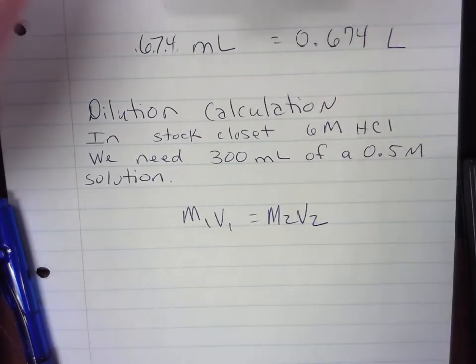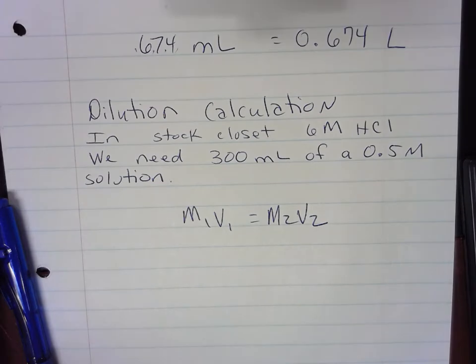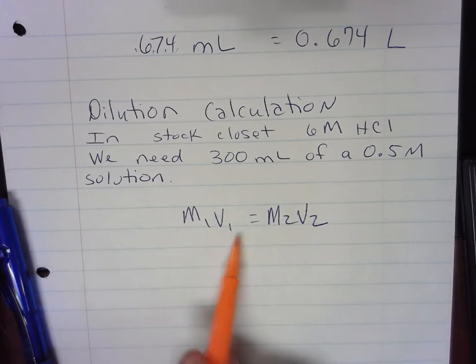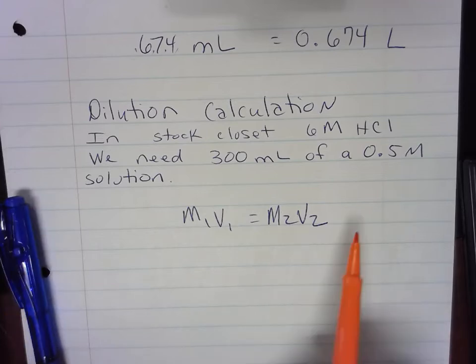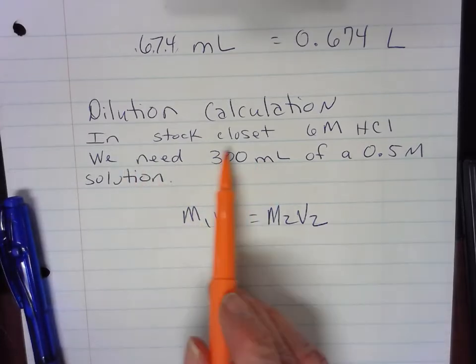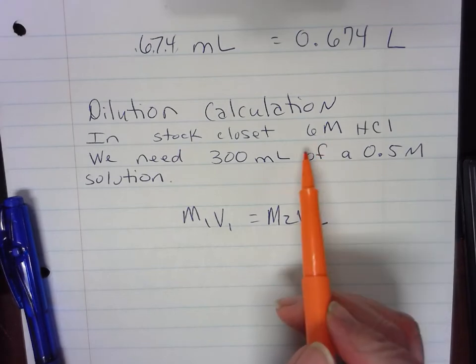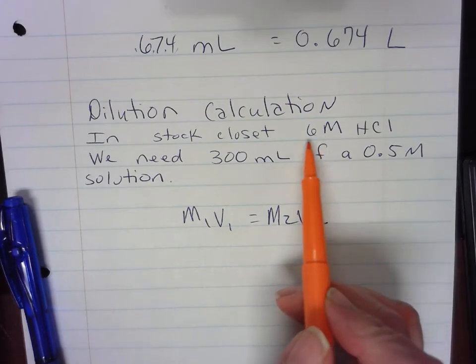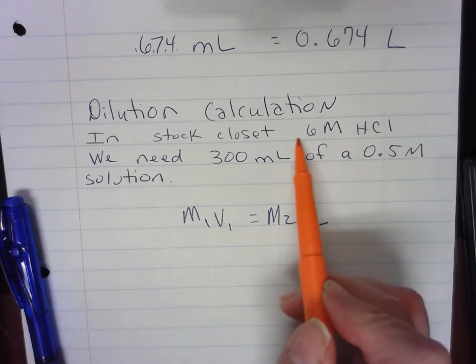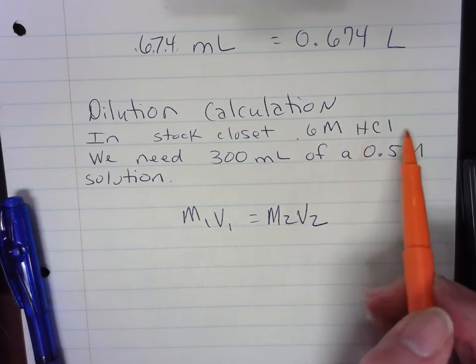There are 2 ways that you could screw this up. The first way is that you could not keep track of which one is your 1 and which one is your 2. So this is what I always do. They're going to give you some kind of sentence like, we have 6 molar hydrochloric acid. We don't know what volume we need.